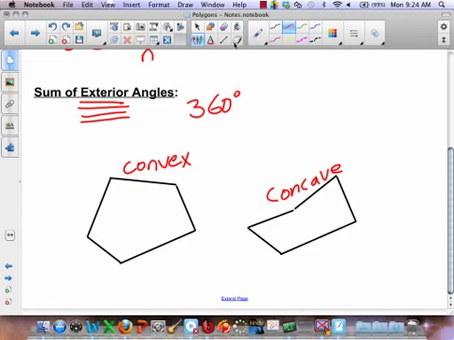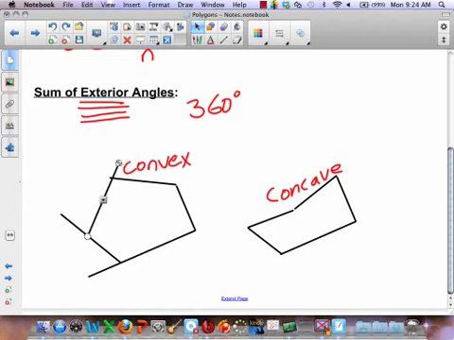Now, when we talk about the exterior angles, think of it like a pinwheel, like a tumbleweed.